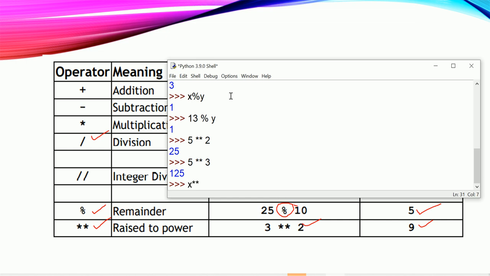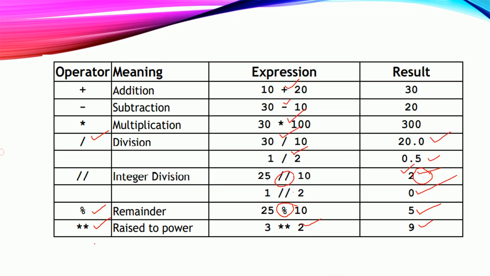So x to the power y is 1000. Instead of x, if I use 50 to the power y, 50 into 50 into 50, we get the result. Now I think you understood the thing. We are proceeding with the next slide.